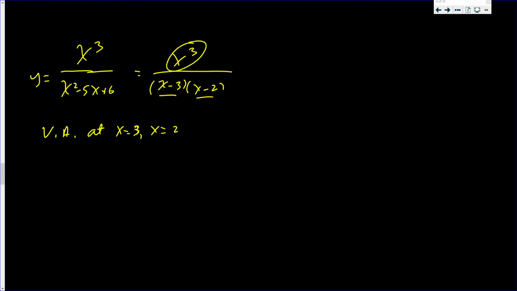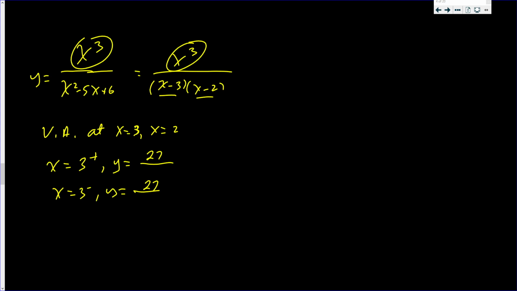Okay, so now we want to talk about what happens at 3. If you're a little bit more than 3, or a little bit less than 3, what is the y value? Well, when x is anywhere near 3, the numerator is about 27.